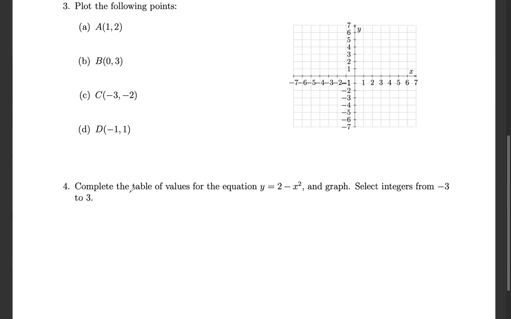Now we want to complete a table of values for this equation. This equation involves x and y, and we want to select x values from -3 to 3. Let's make a table.